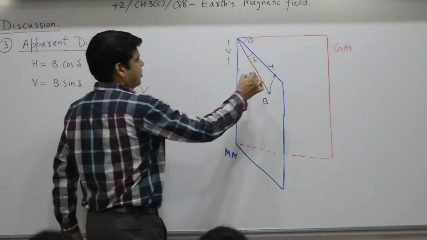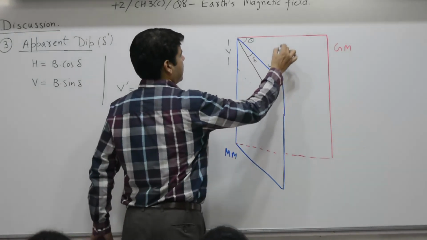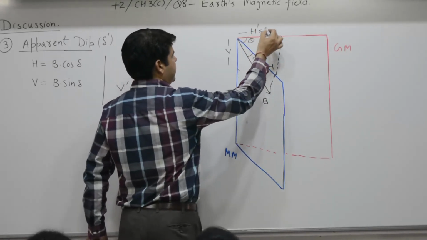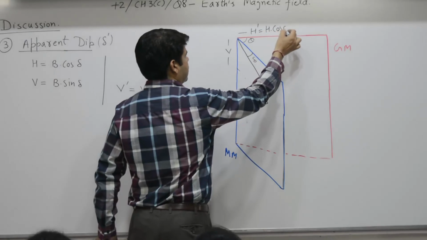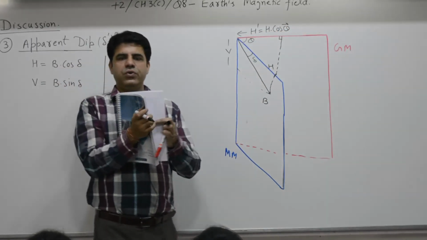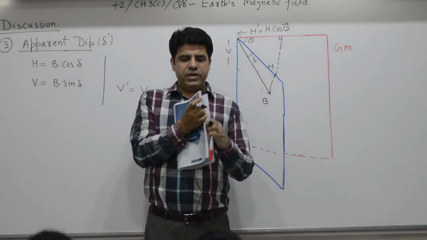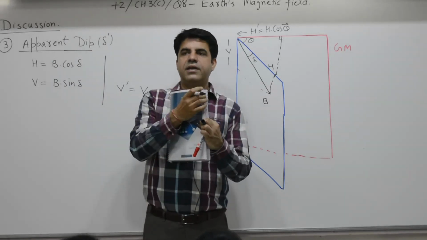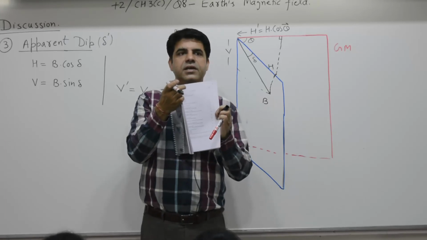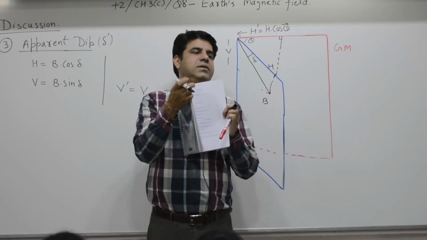But horizontal component in this plane, red color plane, is H cos theta. If there is a value, say this value is given 10, what is the component of this plane in this plane? Here, 10 cos theta.